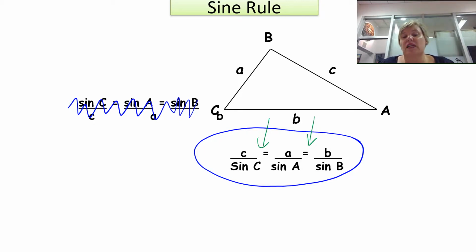What that's telling you is there are three fractions, all of which are equal to each other. However, you only need to use two of them. So if you had side C and side A, you would just use the first two. But if you had B, you might use another combination. So although there's two equals, you only need to use two of the three parts.